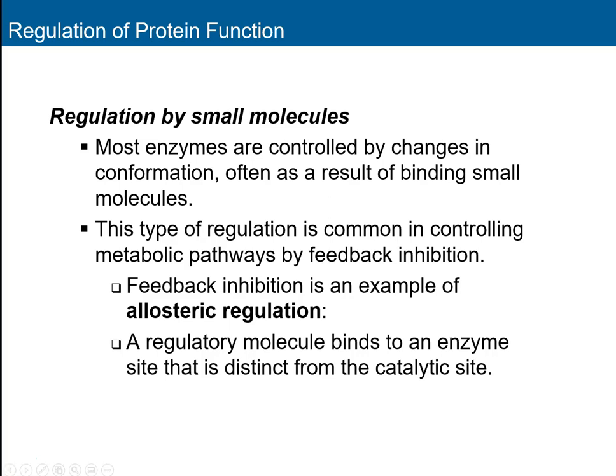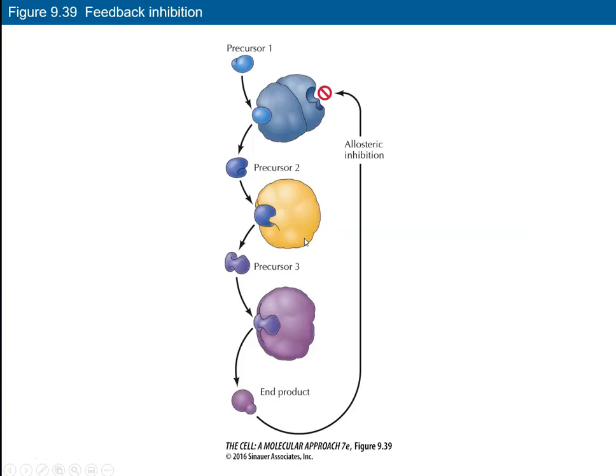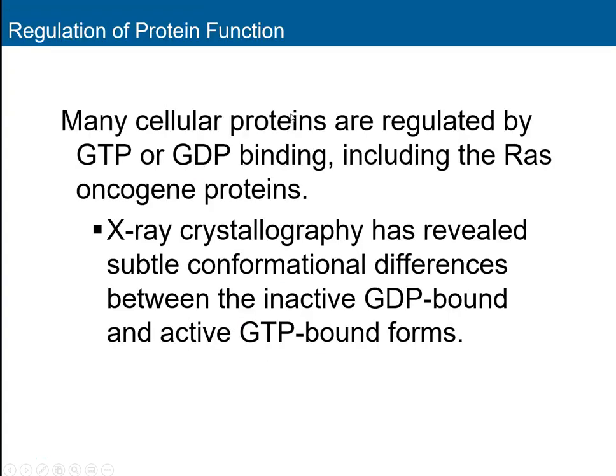Here's that same example we've seen before. Here's your precursor, first enzyme, second enzyme, third enzyme. The end product of this metabolic pathway can bind to an allosteric site and basically inhibit this. So that's a small molecule that's regulating a protein. This protein happens to be an enzyme.